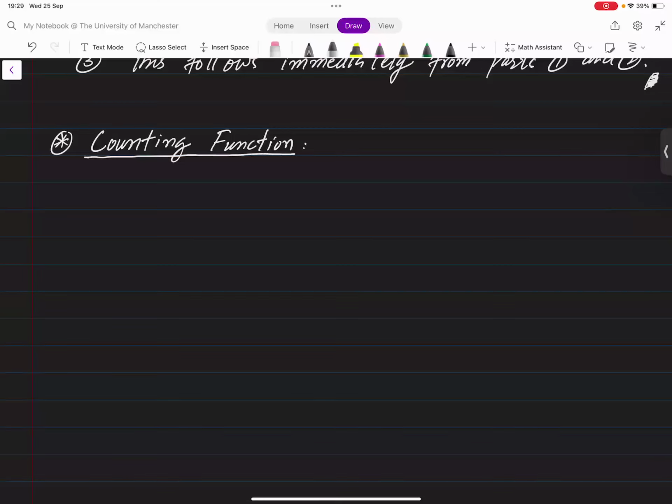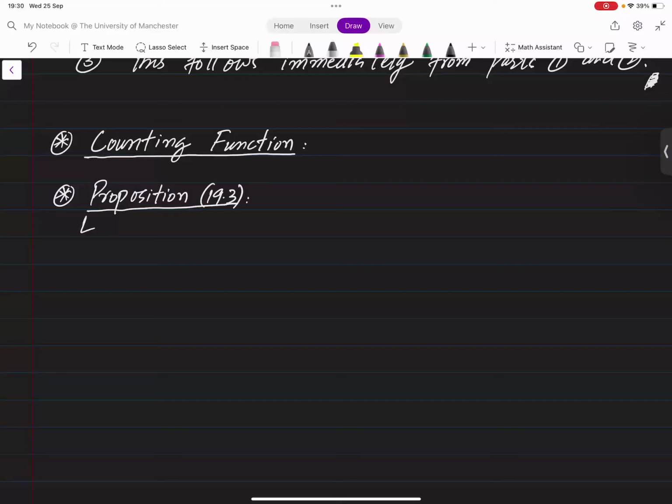Okay, so how many functions are there from one finite set to another? This question is quite easily answered using some of our counting methods from chapter 16. So let's give a proposition, 19.3.